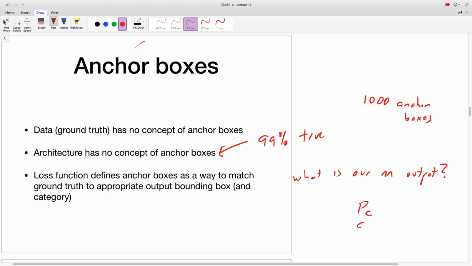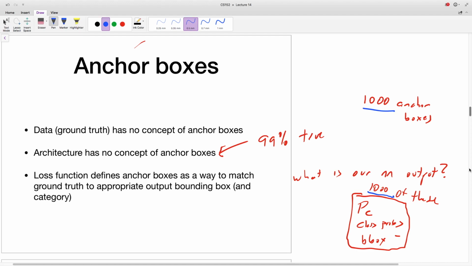We have the class probabilities, so it's a bunch of those. And we have our bounding box, which is 4 as well. So we've got this. How many of these do we have? We have 1,000 of these. So the neural network knows about anchor boxes only in the sense that it knows how many things it's predicting.